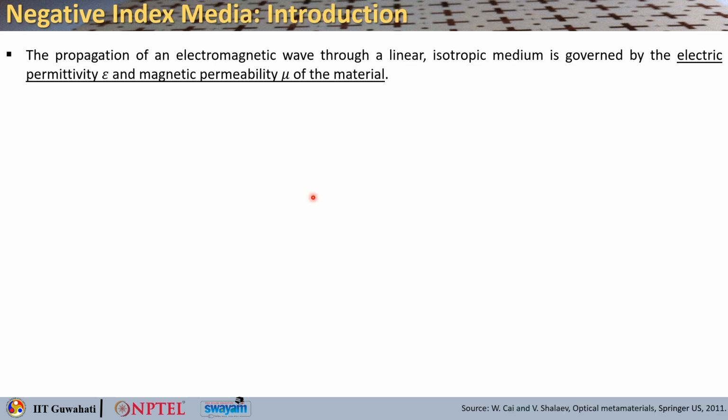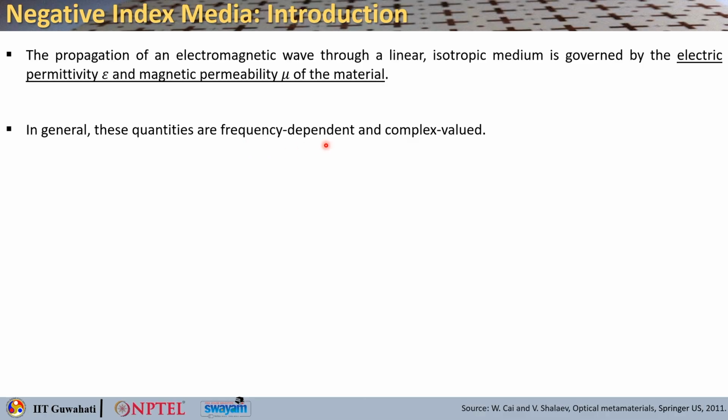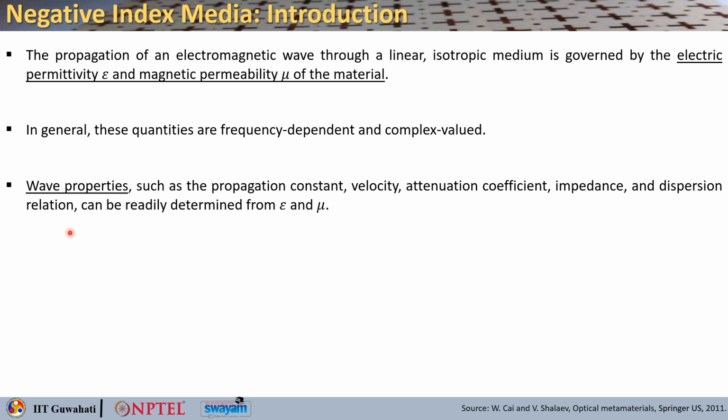The propagation of an electromagnetic wave through a linear isotropic medium, we have known, is basically governed by the electric permittivity epsilon and the magnetic permeability mu of the material. In general, these quantities are frequency dependent and complex.